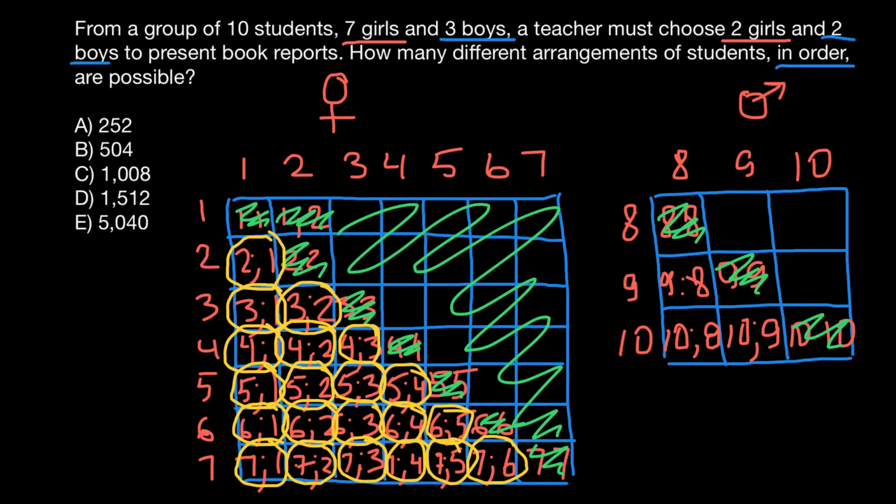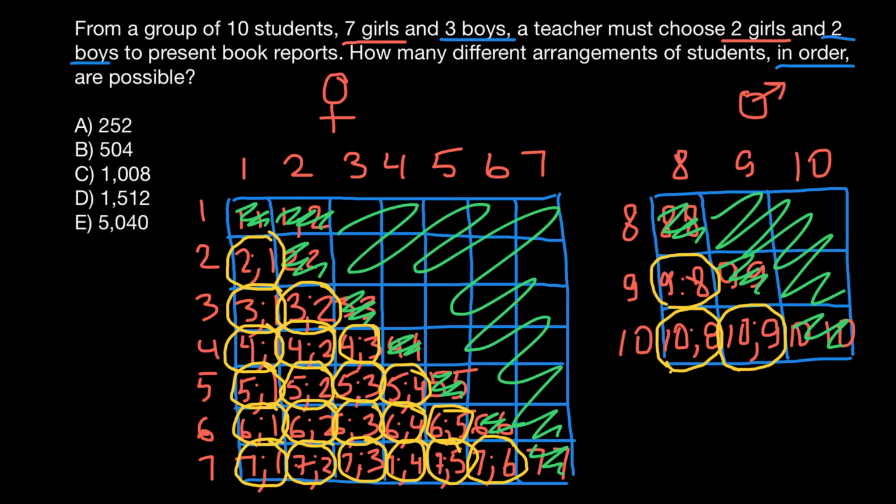Again, 10 here stands for just one person. This is not 2 numbers that represent 2 people. And again, we can also cross out all these combinations because we are going to get repetition here. How many unique combinations do we have here? 1, 2, 3. So there are 3 ways we can choose 2 boys out of 3 boys.